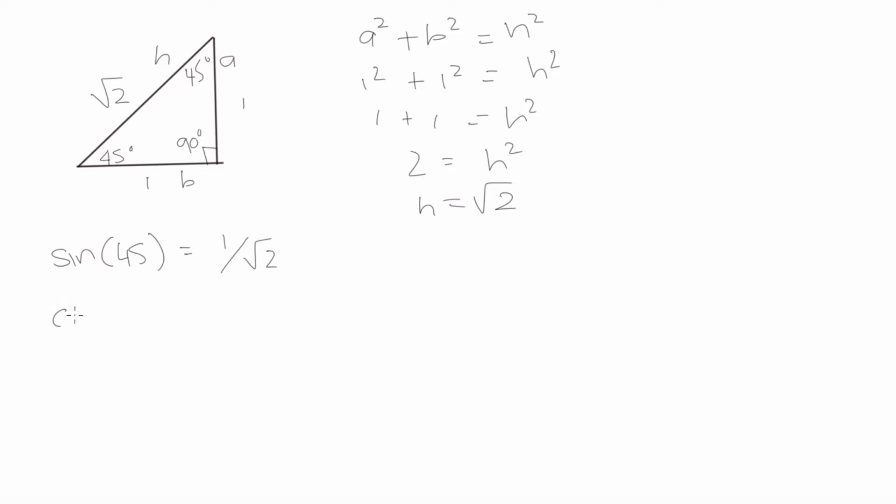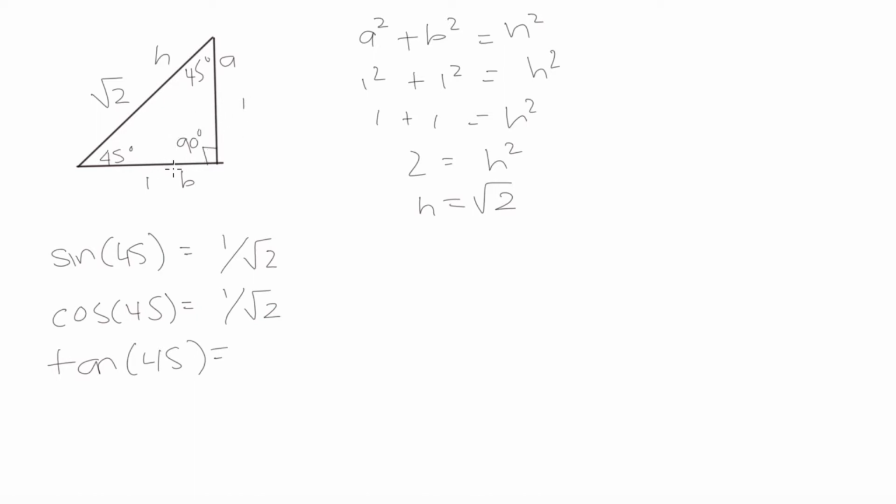If we were to take cosine 45, cosine 45 is going to be adjacent over hypotenuse, so we're going to get 1 over square root of 2, because this is the adjacent side here. So we have 1 over square root 2 as well. And if we were to take tan of 45, tan is opposite over adjacent.